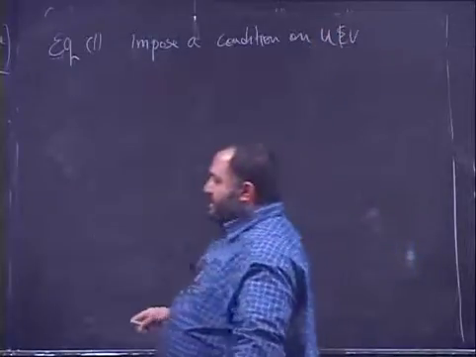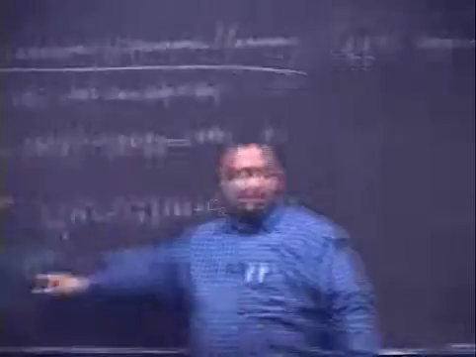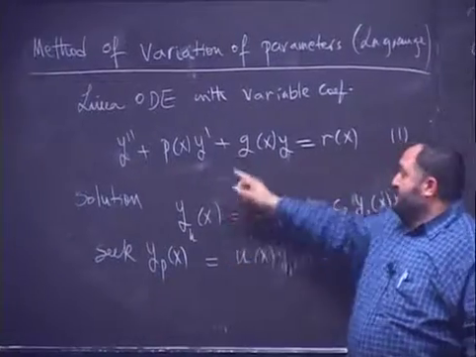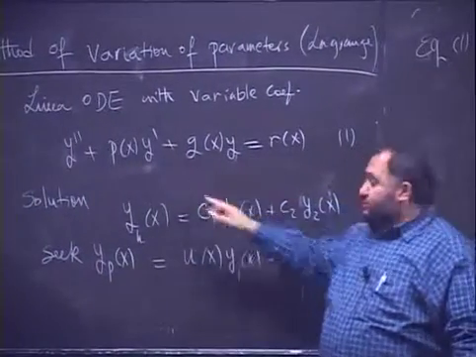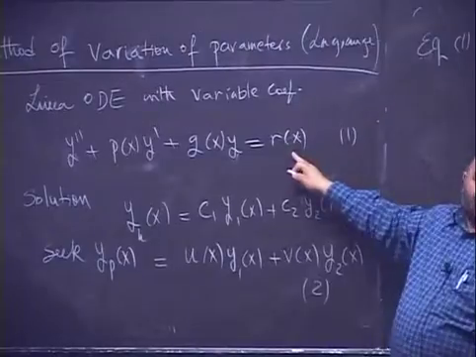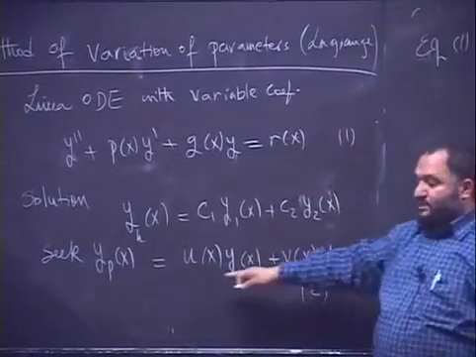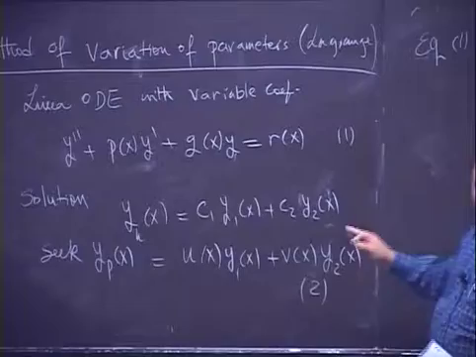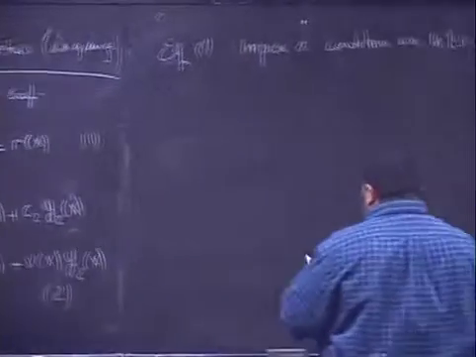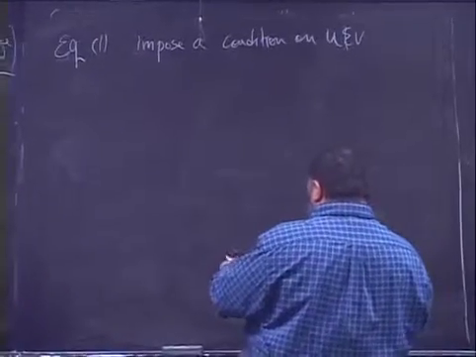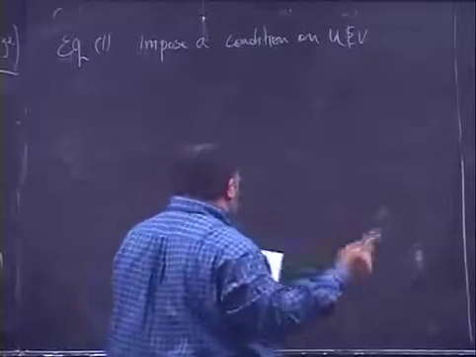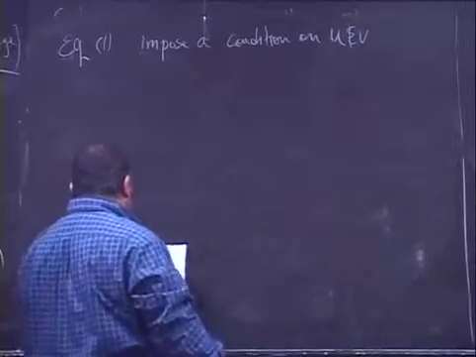Why? Because if you substitute yp in this equation, it should satisfy r of x, and you will get some condition for u and v. So we need another condition because we have two unknown functions, u and v.